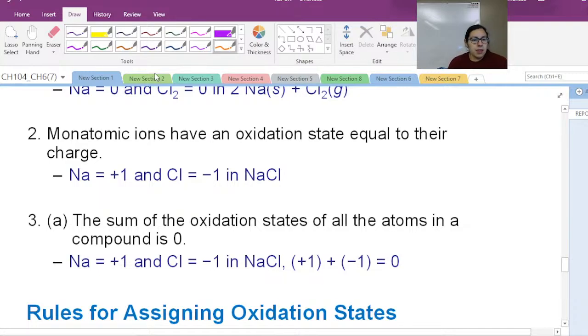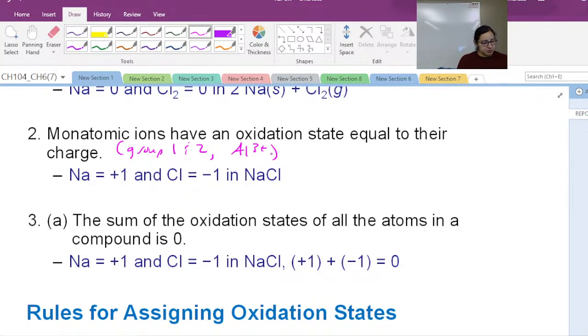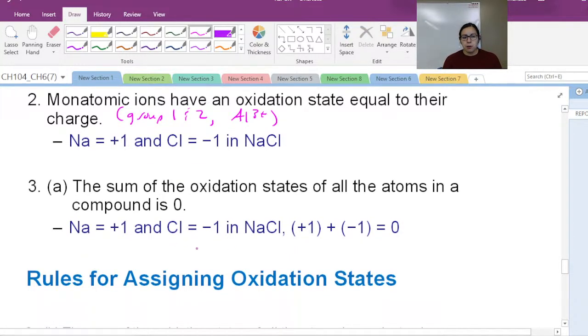The next rule is that monoatomic ions have an oxidation state equal to their charge. That mainly refers to our group 1 and 2, and of course aluminum, zinc, all our standard ones. So that's just their charge. And just like before, when we're writing our ionic compounds, they have to be neutral.